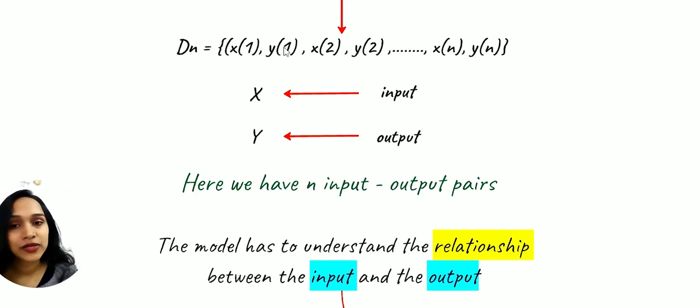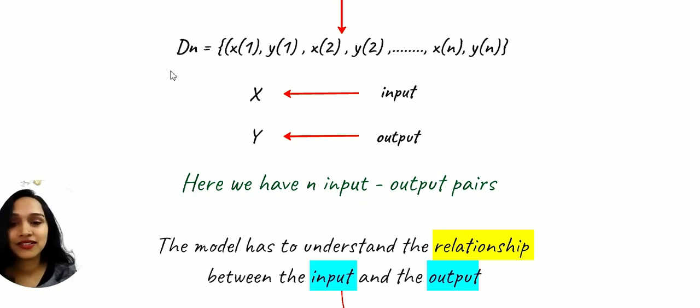The corresponding labels, image of a flower and the label flower, image of a bird and the label bird, all those Y values correspond to the label values. The blood glucose value and the label, whether that is normal or not normal. The genuine email with its label as not spam, the spam email with its label spam. All these existed in the form of input-output pairs in our dataset.